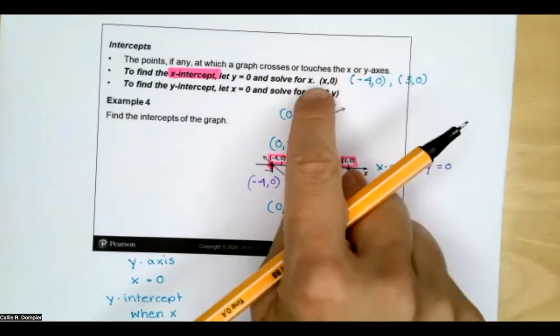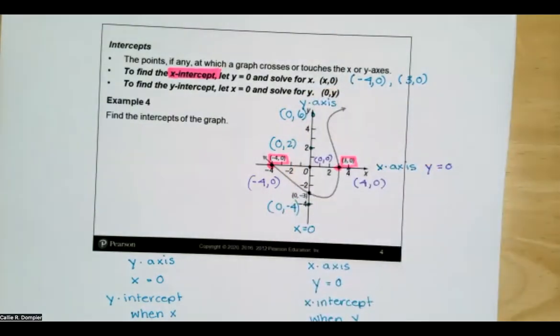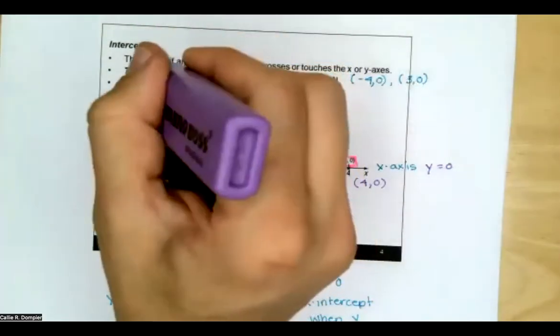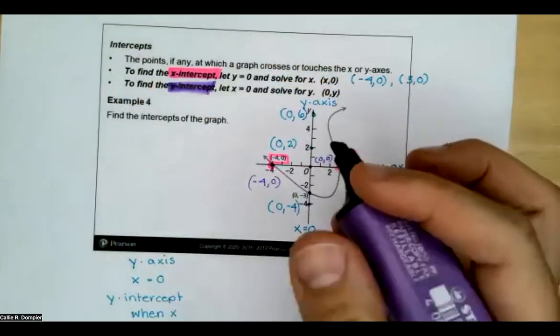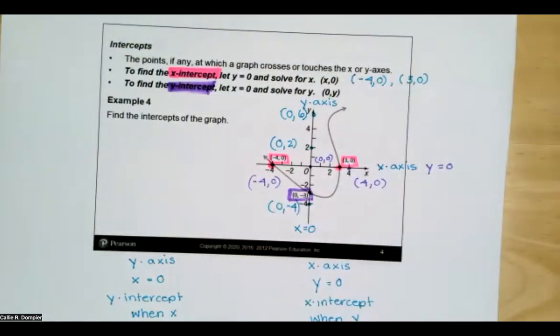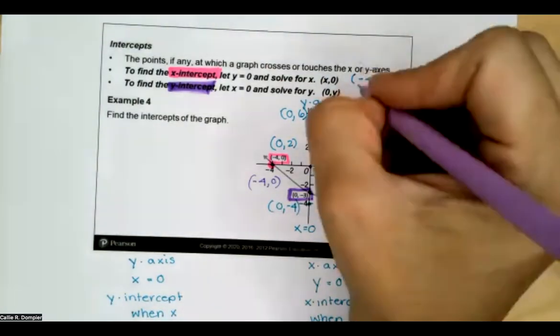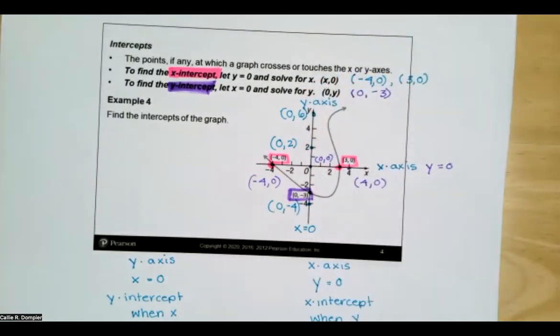+3, 0. And you see the format is x, 0 because y will always be 0. For my y-intercepts, set x equal to 0 and solve for y. So that's only the point 0, -3. Good.